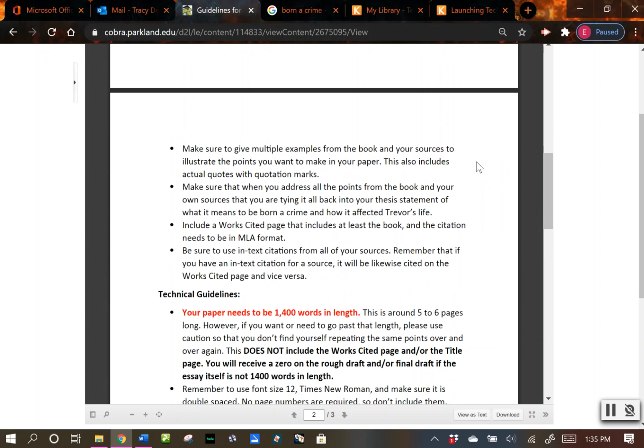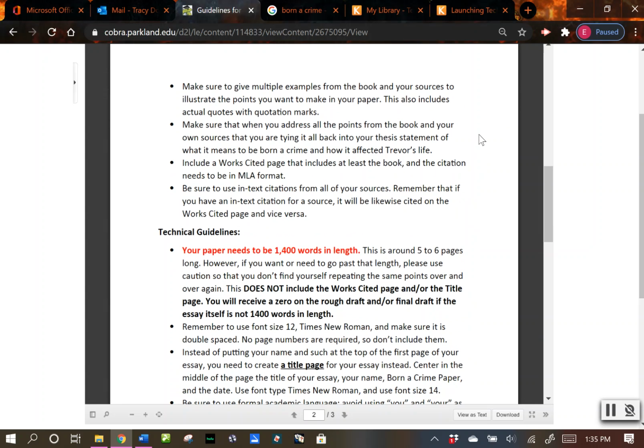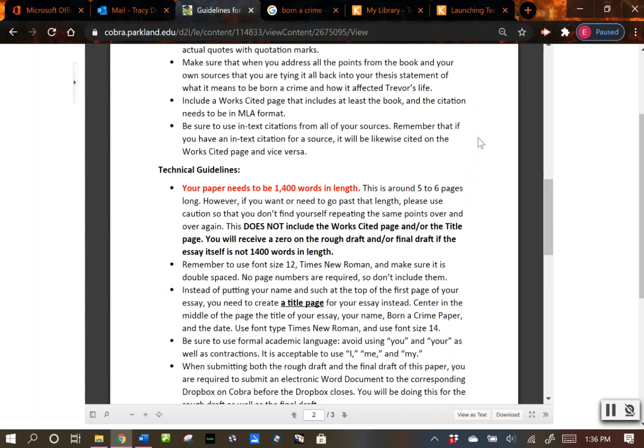Just make sure that as you read through, you're pulling out examples, you're making notes, and make sure that every point goes back to supporting your main thesis statement of what it means to be born a crime and how it affected Trevor's life. And then make sure also that you put in your in-text citations and you have your works cited page.